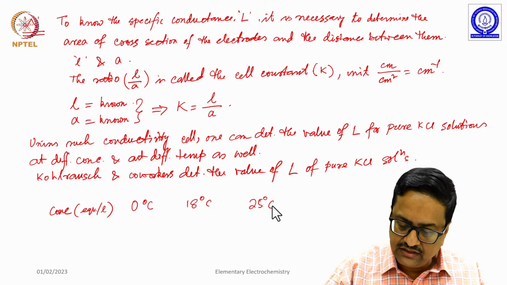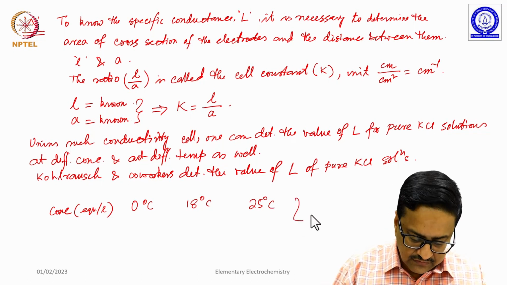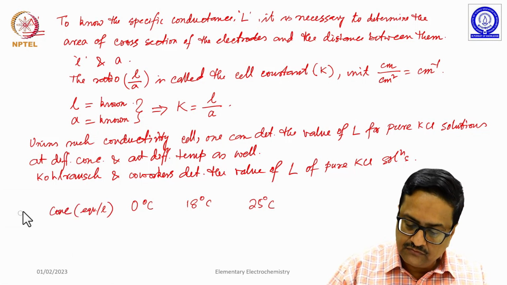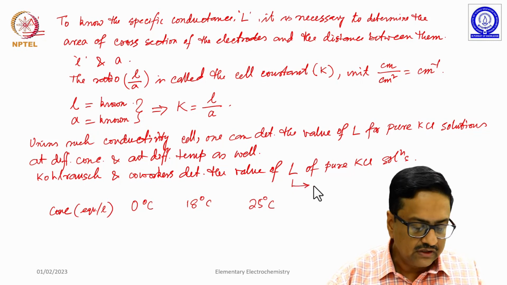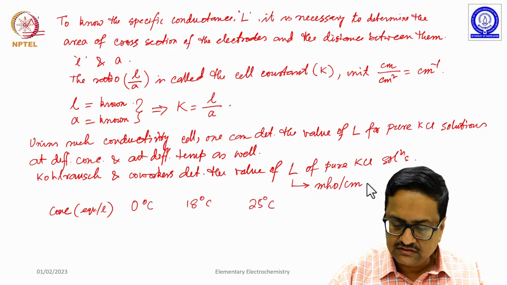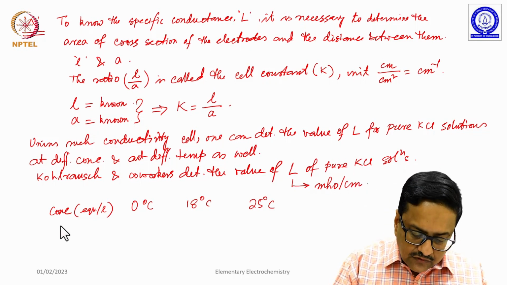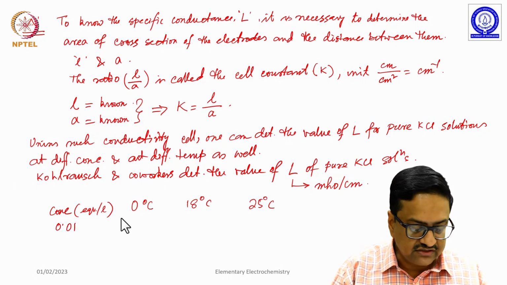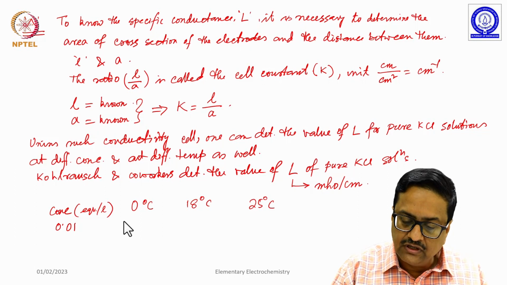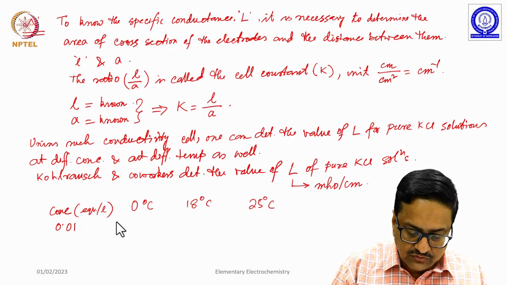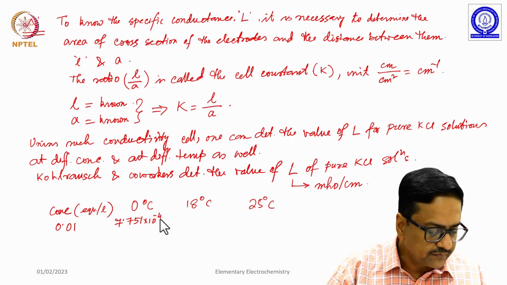What we are reporting are the values of L in mole per centimeter unit. So at 0.01, if this is the concentration, then this specific conductance L was found to be 7.751 into 10 to the power minus 4.